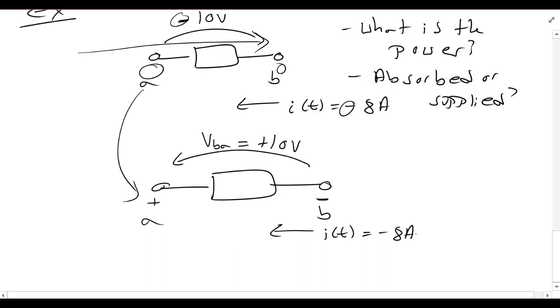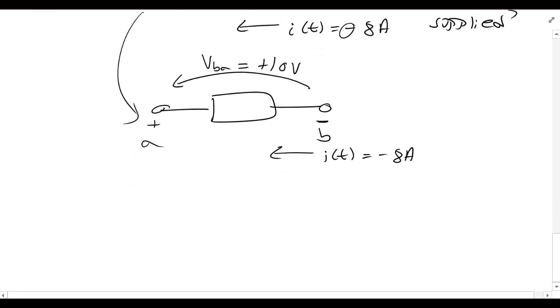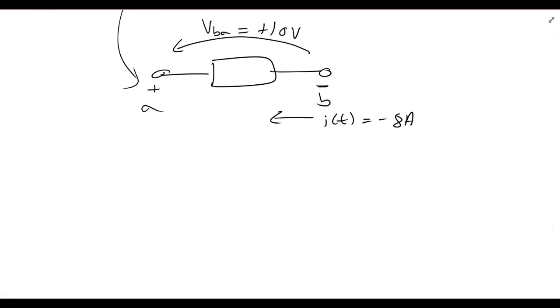Let's now deal with that negative 8 amps. If you remember in the last video, I said it's very important to keep your signs straight. This is what I mean. We want to make sure that we can go back to those two cases we talked about before, which is the high energy terminal, which is the low, and which direction is my current flowing. So let's redraw everything one more time, doing everything in stages.